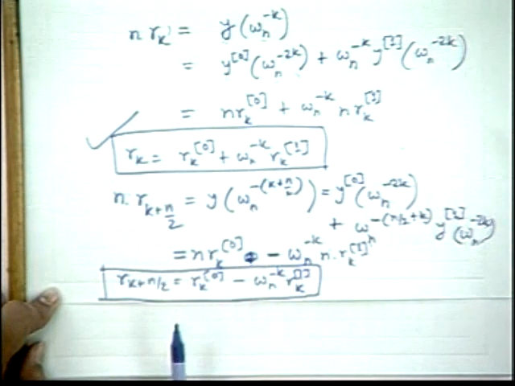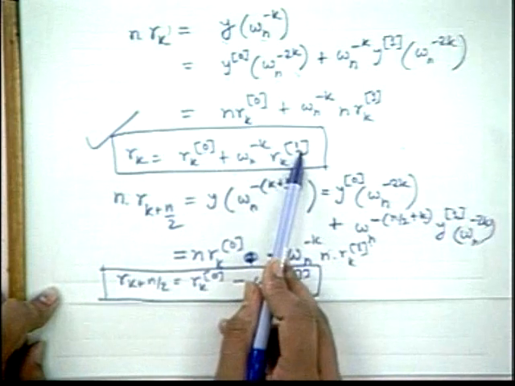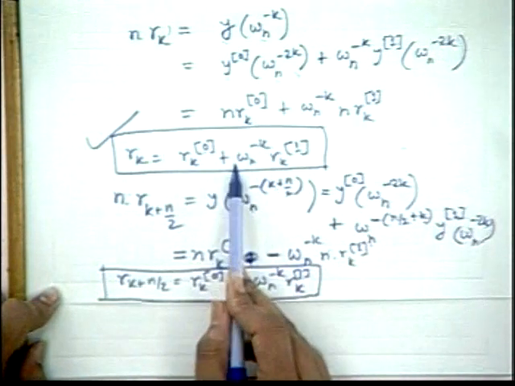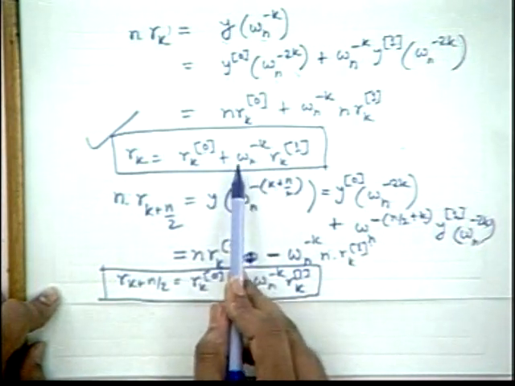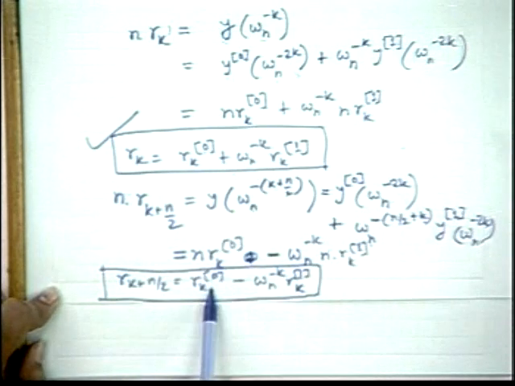If you go back and check the previous class's formula, there in the DFT version, Yk was nothing but P0k plus Wnk P1k. Here only instead of Wnk we have Wn minus k. Similarly here.